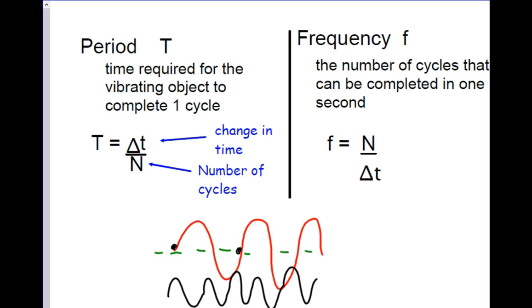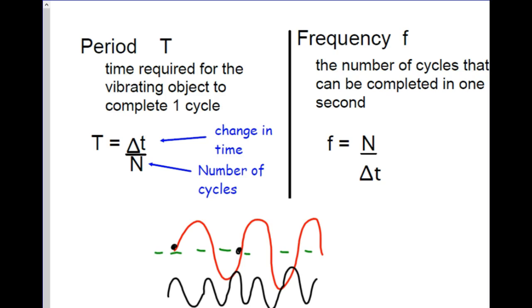It can be really challenging. The waves are coming in quite fast. Sometimes it's easier to count 10 waves coming into the beach and time those 10 waves rather than to time every single wave that comes into the beach. That means you're getting an average. It might not be a true representation of the time it takes for every single wave to come in. There can be some variance.